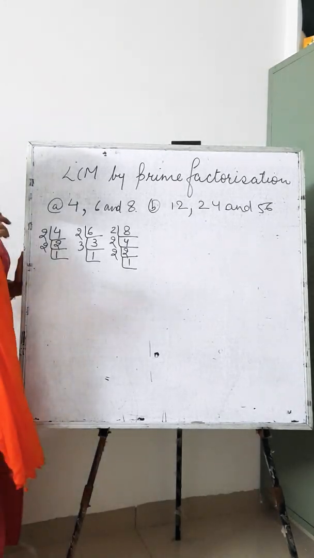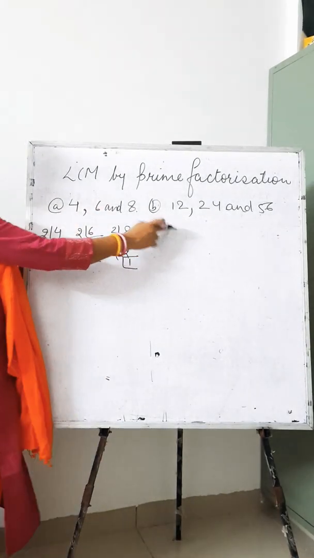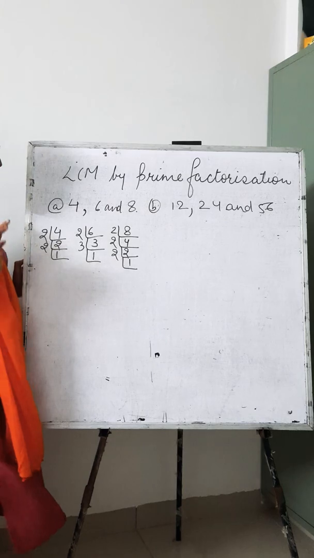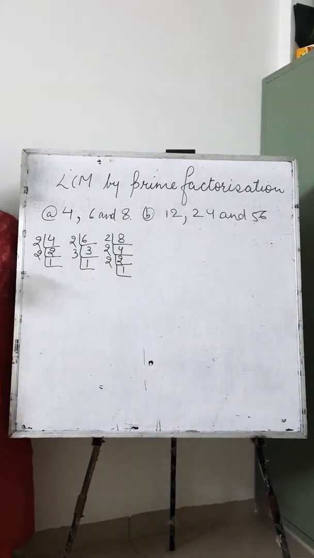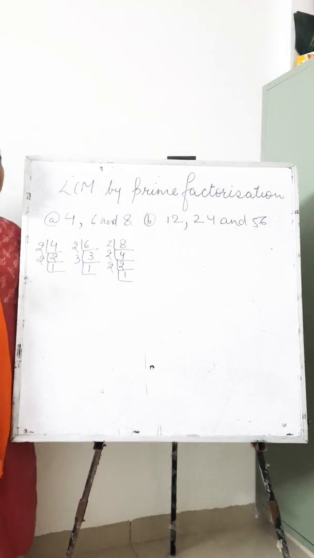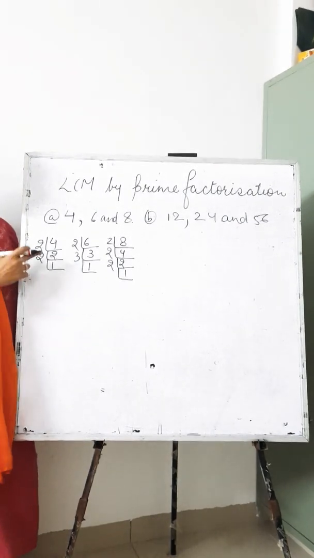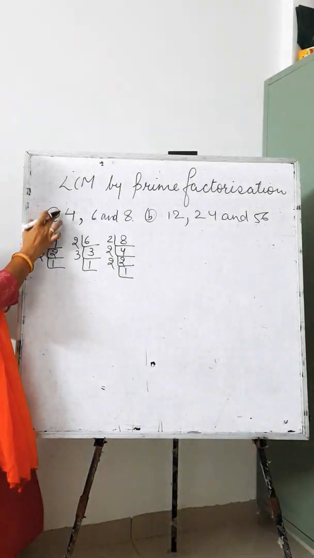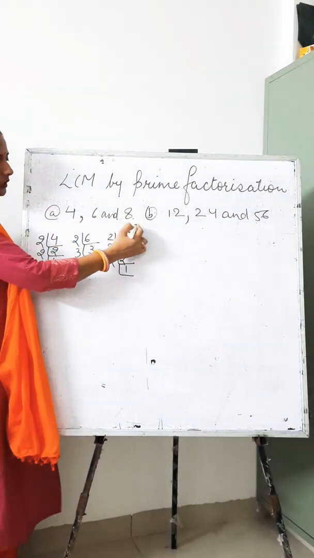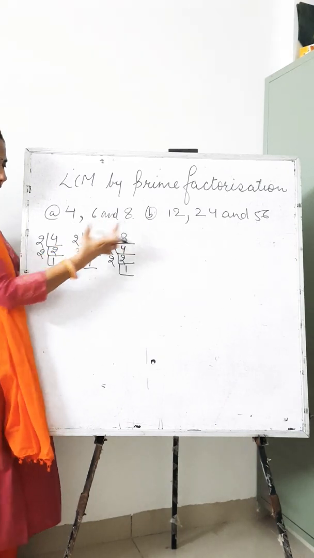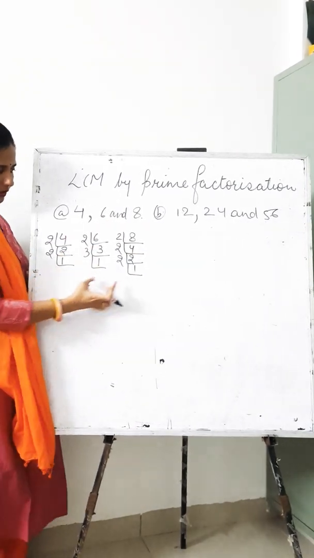So children, here we have taken two examples to solve LCM by prime factorization. Don't get confused between the common division method and prime factorization method. Common division method we have already done. In the LCM by prime factorization method, children, you have to take out the factors separately.